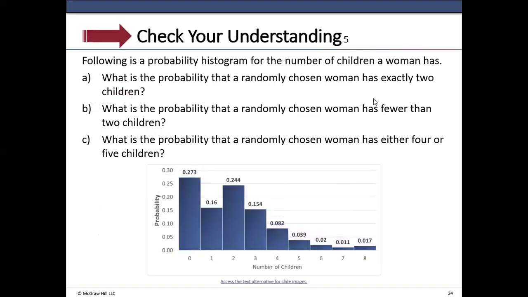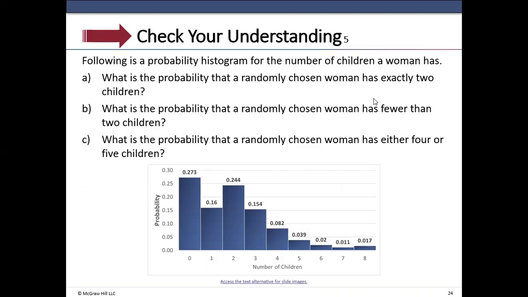Following is a probability histogram for the number of children a woman has. What is the probability that a randomly chosen woman has exactly 2? You look at 2 on the horizontal axis and the height of it is 0.244. What is the probability that a randomly chosen woman has fewer than 2?